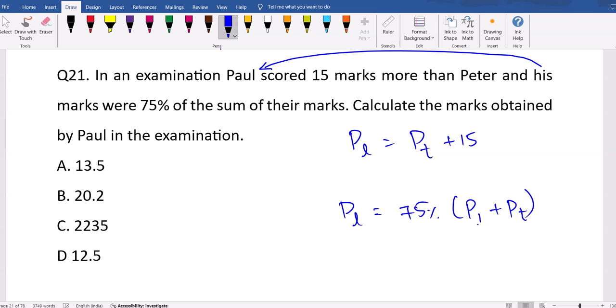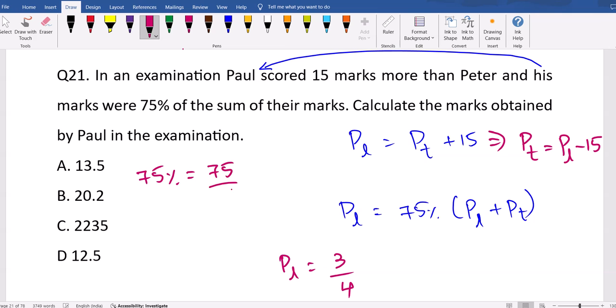Now it's a bit different. Here we have to calculate Paul's percentage. I can convert Peter to Paul minus 15. Here in place of Peter, I'll put Paul minus 15. 75% means 3 by 4, 75 divided by 100.